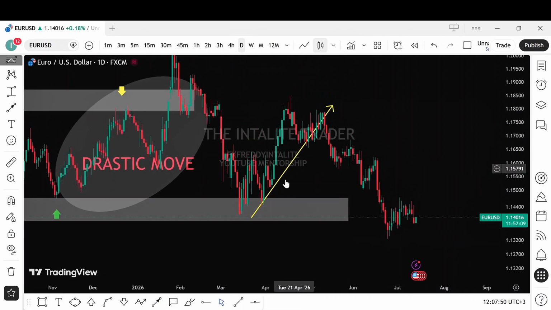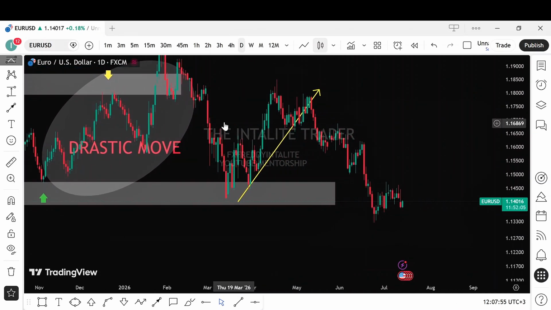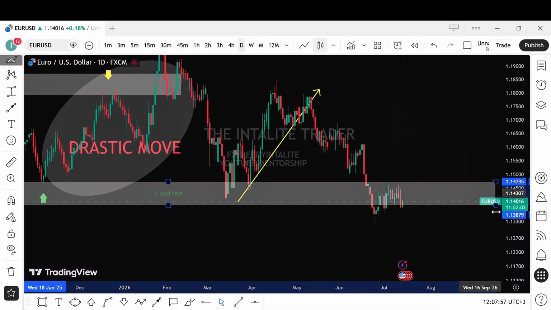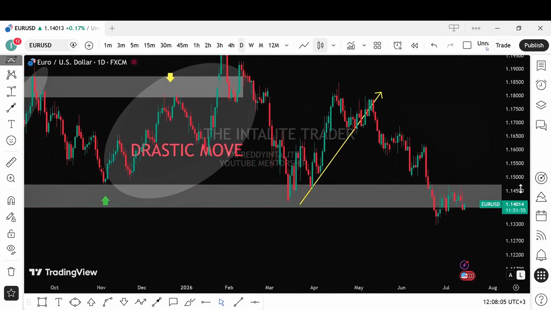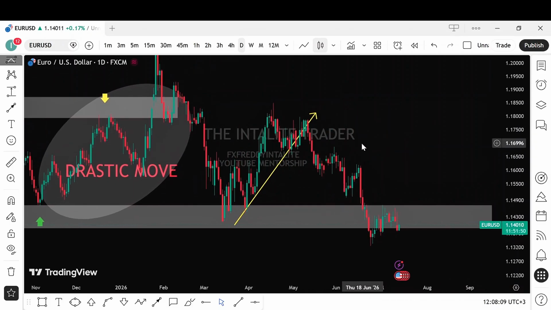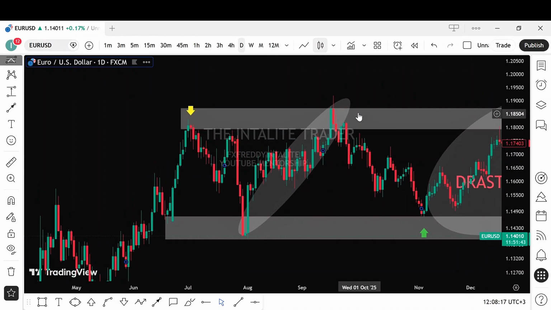So this is a drastic move. Once price gives you a drastic move, just like here, you can expect that price is likely to respond to such a move. So your goal is to look for price action that says get into the trade. That is called a drastic steep reversal of price.